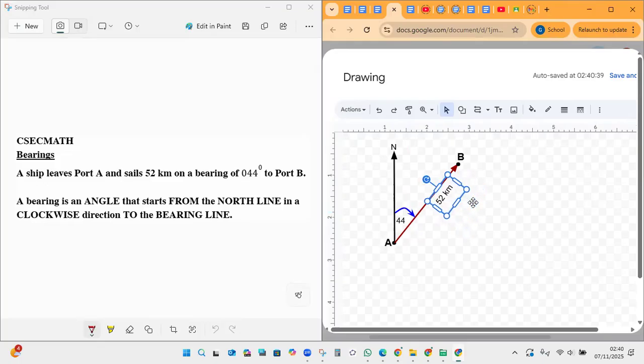It's a reference point. You can use your discretion to put the north line any length that you so desire. It doesn't really matter. So here you have it. Bearings.